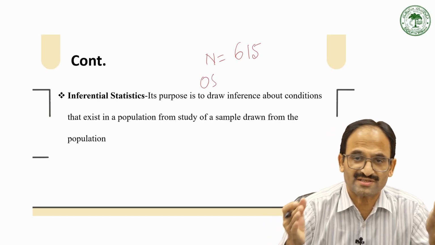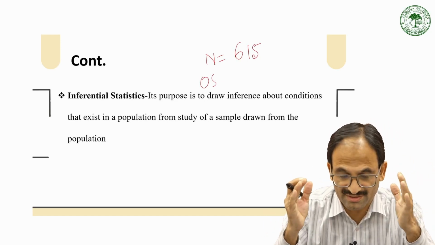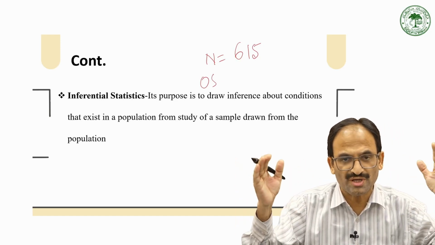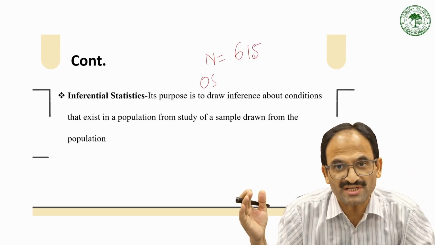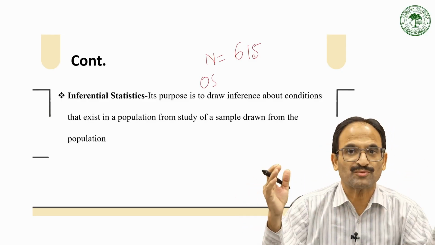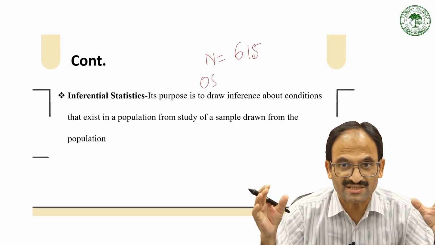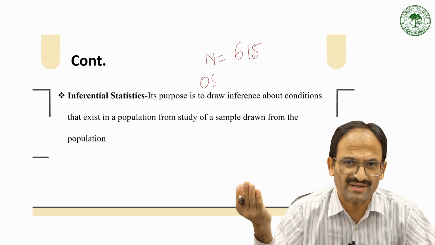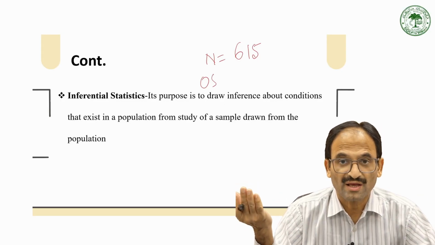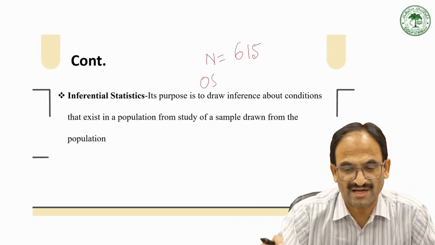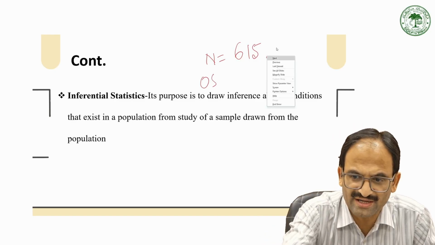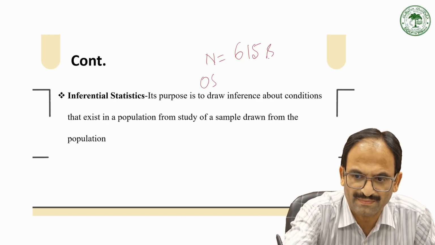Definitely, the population was huge; my population was secondary school teachers. So it was not possible to take all the secondary school teachers. I mean, they would have been in thousands or even lakhs. So I have taken only 615. So this 615 is what? Sample.